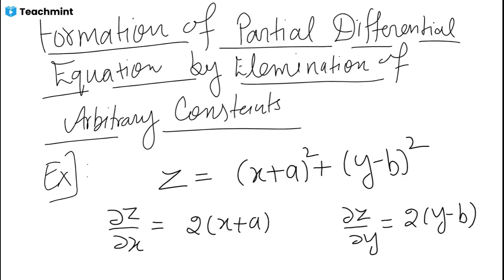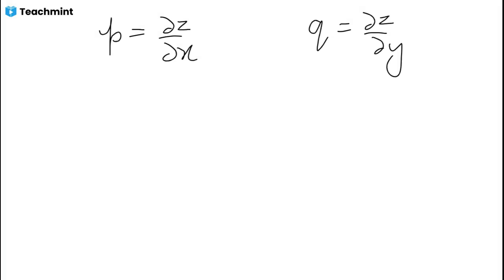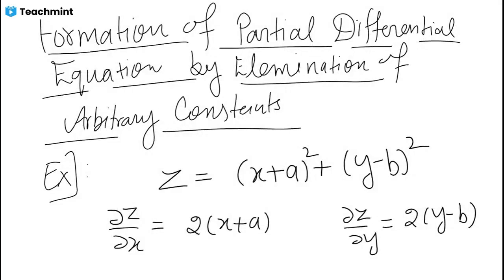And we know the notation small p is equal to del z over del x, and q is equal to del z over del y. Let us put them in this equation.